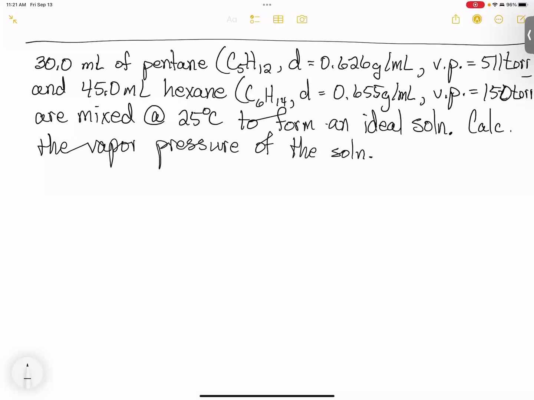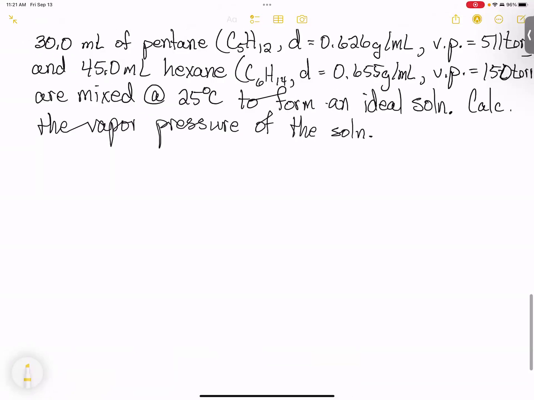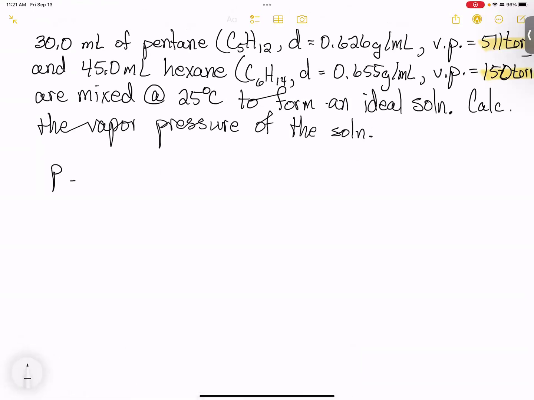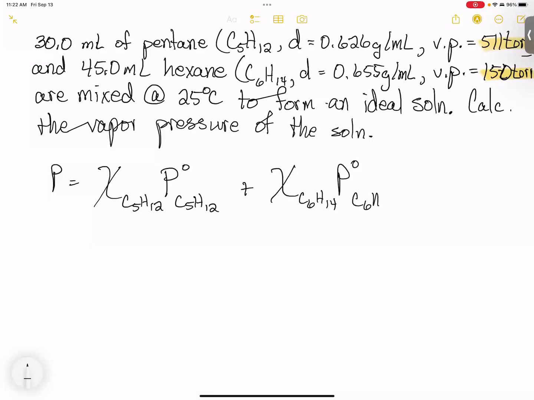Okay. Since we're looking at vapor pressure of a solution, and since I was given two pressures, that means that I am looking at the pressure being equal to the mole fraction of C5H12 times the original pressure of C5H12, plus the mole fraction of C6H14 times the original pressure of C6H14.